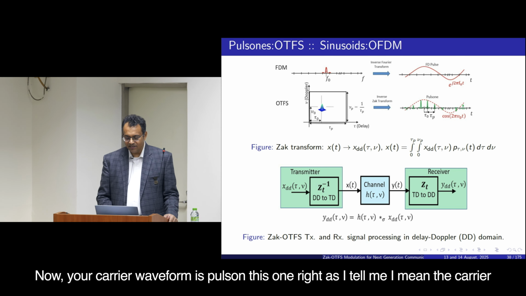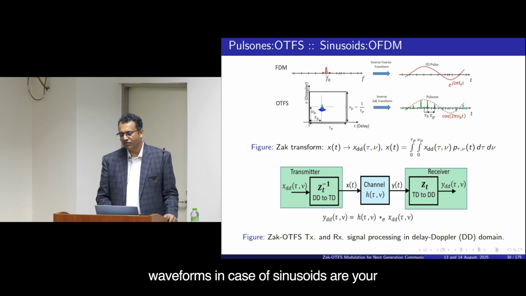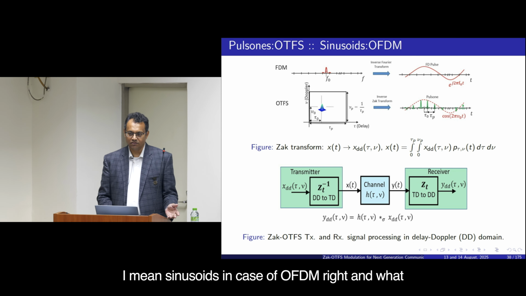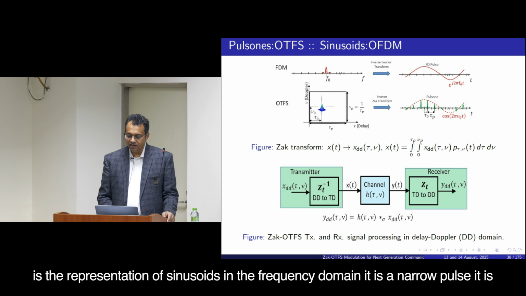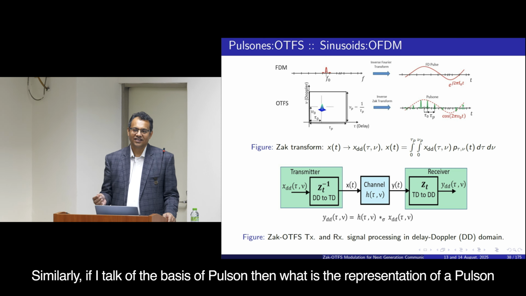Now your carrier waveform is the pulson, this one, right? Tell me, the carrier waveforms in case of OFDM are sinusoids, right? And what is the representation of sinusoids in the frequency domain? It's a narrow pulse, it's a Dirac delta, right?